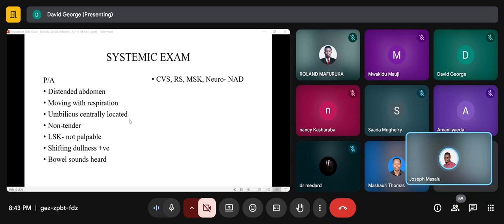The answer is yes, because being a Tanzanian, this is 29 years old. Why not? Maybe she's sexually active, and if you're sexually active, you can have it. Or maybe she was born with it, and now what we are seeing is the disease that was there slowly, and just today we have acute on chronic viral hepatitis B.